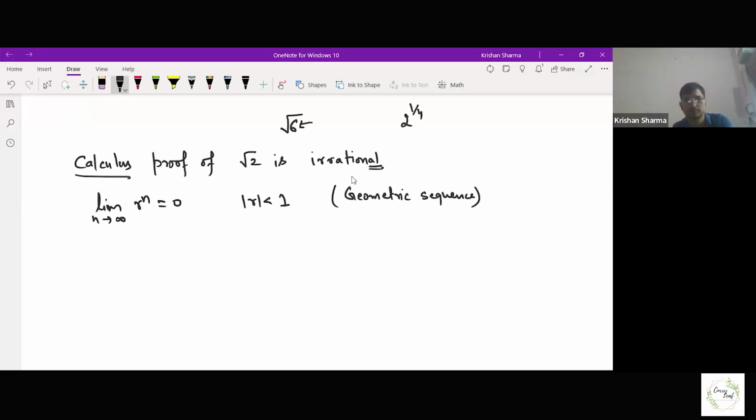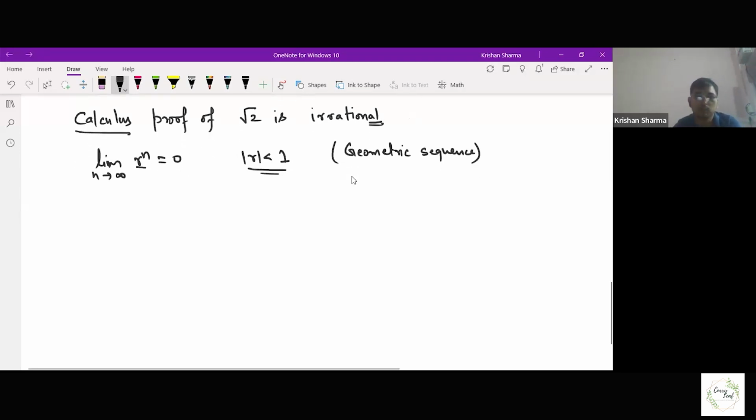You can treat it like a geometric sequence. Again, most of you know this result, but we use it in a different way in our proof. I will explain that when I reach that point. Okay, so we will use this.